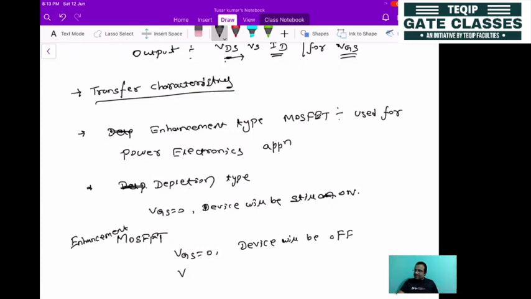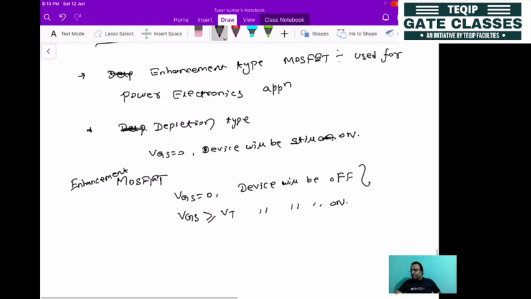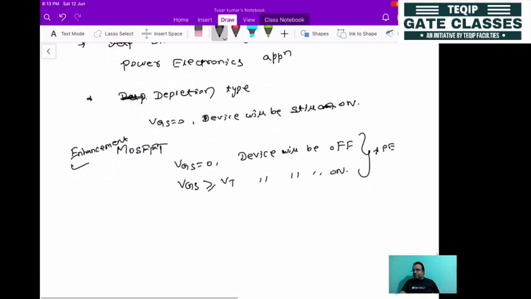And if VGS is greater than or equal to the threshold value, the device will be on. Due to this reason, it is perfectly suitable for power electronics applications. So this is the reason why enhancement type MOSFETs are preferred compared to depletion type MOSFETs as far as power electronic applications are concerned.